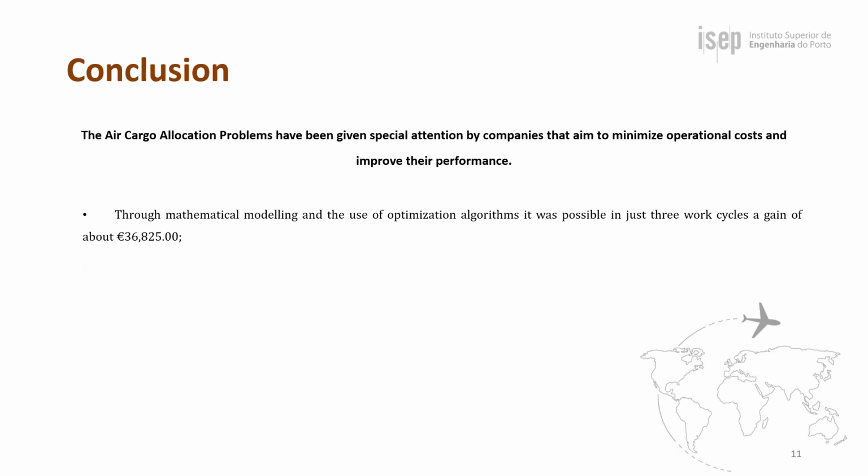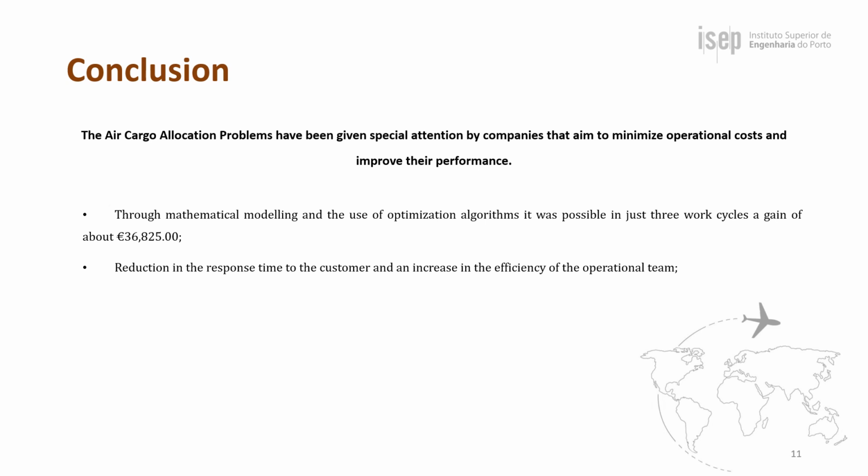Like any other industry, the freight forwarding sector has been working to become more assertive and quicker in responding to the market with the use of new technologies and more efficient planning. The cargo allocation problems have been given special attention by companies that aim to minimize operational costs and improve their performance.